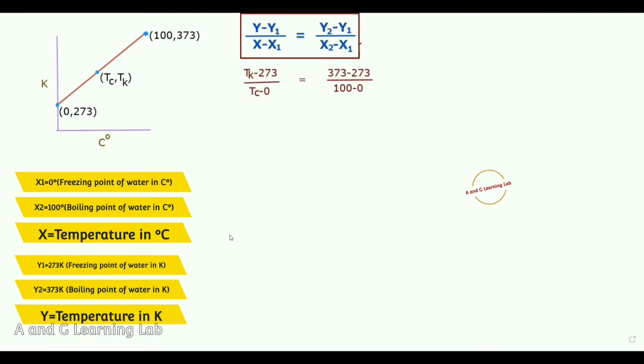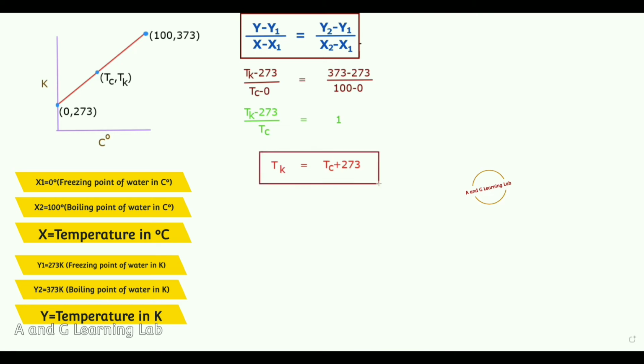By using the same formula, (y minus y1) by (x minus x1) is equal to (y2 minus y1) by (x2 minus x1). We get (Tk minus 273) by (Tc minus 0) is equal to (373 minus 273) by (100 minus 0), which is equal to (Tk minus 273) by Tc is equal to 1. From here, we get Tk is equal to Tc plus 273.